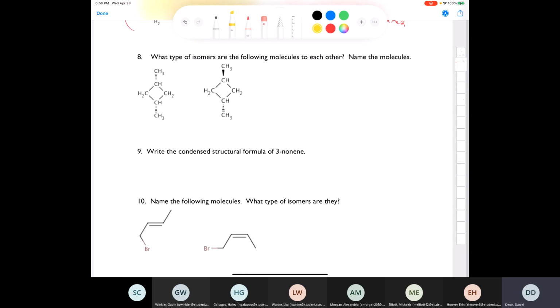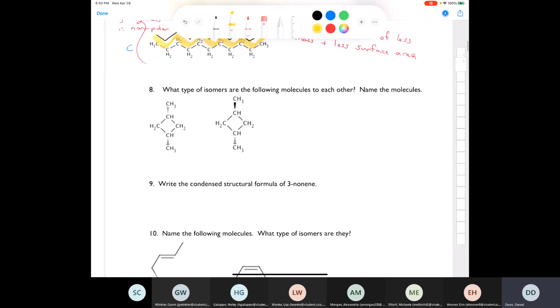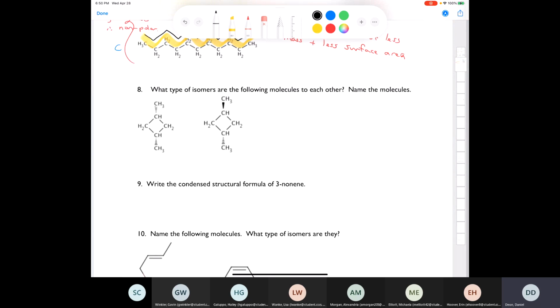Question number 8. What type of isomers are the following molecules of each other? Name the molecules. Let's do the naming first. Remember that when you have 4 carbons in a cycle like this, so if you have 1, 2, 3, 4, this is a cyclobutane. And thus, the first molecule, both of the methyl groups are on the same face of the molecule.